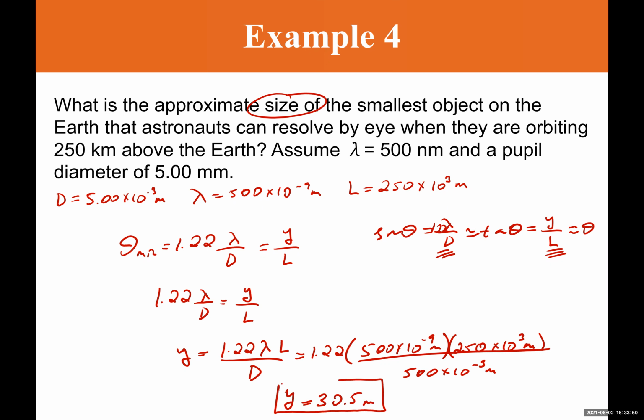That means if the object is 30.5 meters, then we'll be able to see the features of the object, right? It will be sharp enough for an astronaut to understand what he's looking at. It has to be about 30.5 meters long. That's the smallest object an astronaut can resolve. Okay.